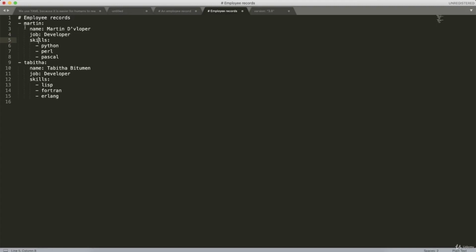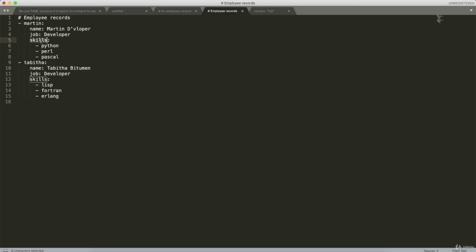And the spaces start from the same level as Martin, not from here. I mean, not the level of the dash, but the level of the M letter, the starting letter. Anyway, you can see that we have 2 spaces, 2 spaces as well, and the skills 2 spaces.